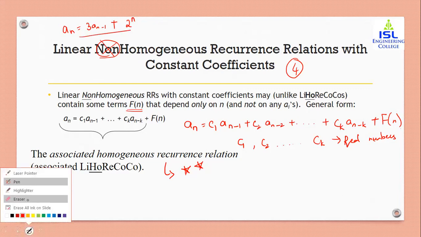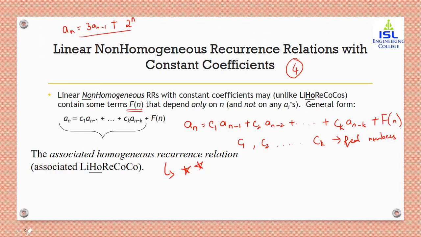So the equation a_n = 3a_{n-1} + 2^n is a linear non-homogeneous recurrence relation with constant coefficients. What is the reason we call it that?